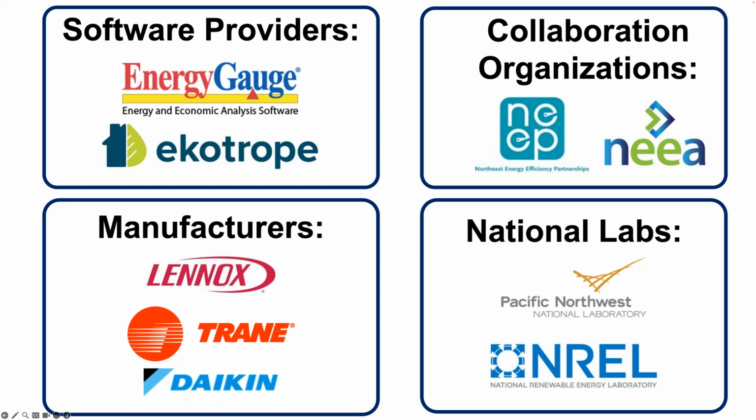But for sure, we would like to improve the modeling methodology that's used, not just for RESNET, but other incentive programs and codes around the country as well. And that would incorporate best practices for modeling ground source heat pumps or package terminal heat pumps.